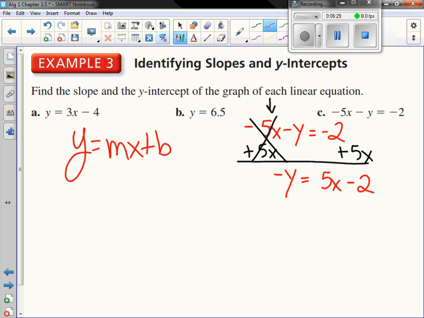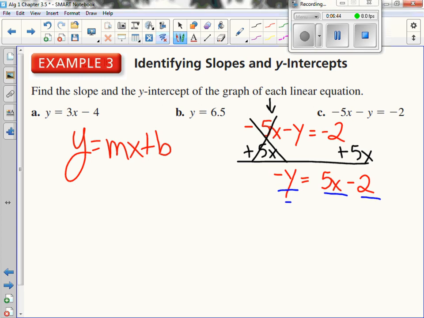So we have y by itself, yes? Is y positive? No, so we need to make it positive. How can I make this positive? I can divide everything by negative 1. Because we don't want to move y, we just want to change it from negative to positive.